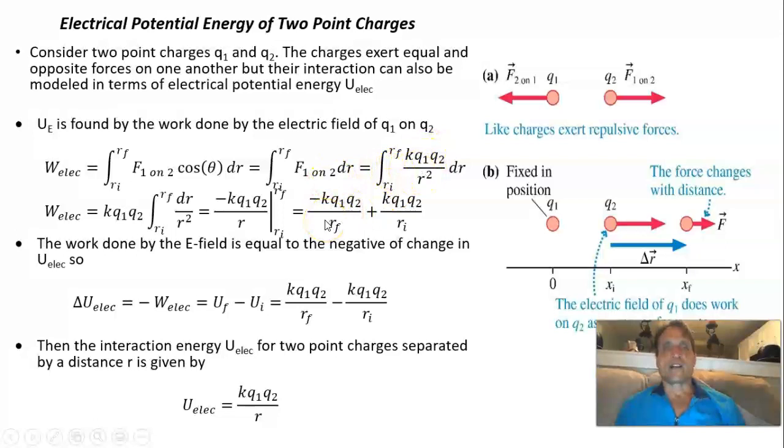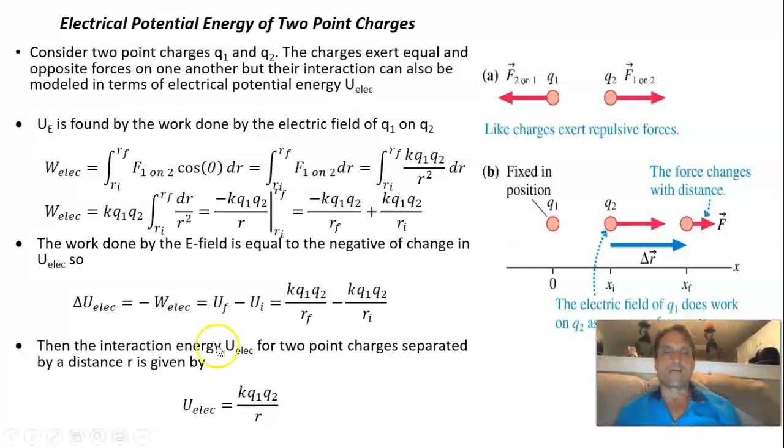We integrated that and got that the potential energy at some separation r between the two charges was equal to k q1 q2 over r. That looks like the force, except it goes as 1 over r instead of 1 over r squared, and it's a scalar instead of a vector.